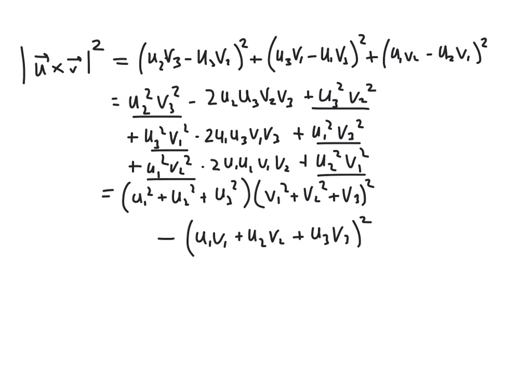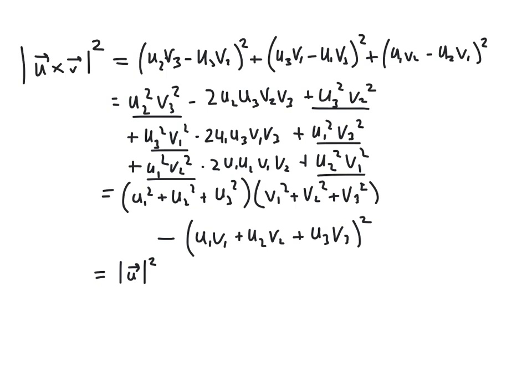The nice thing about this is we can write this in terms of the vectors u and v. The first quantity in parentheses, u1 squared plus u2 squared plus u3 squared, that's just the magnitude of u squared. The second set of parentheses, v1 squared plus v2 squared plus v3 squared, the square should be outside of the parentheses, sorry about that.